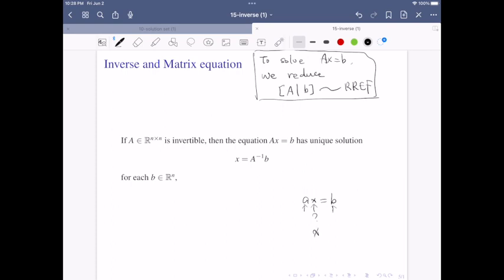Then what you do is we divide A both sides. So X equals B over A. But in matrix, there's no division. Instead, you can write this as A inverse B. So in matrix, we can talk about its inverse. So A inverse B. This is exactly the same as here.